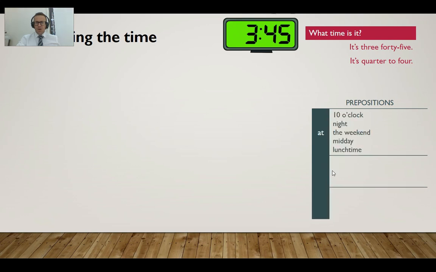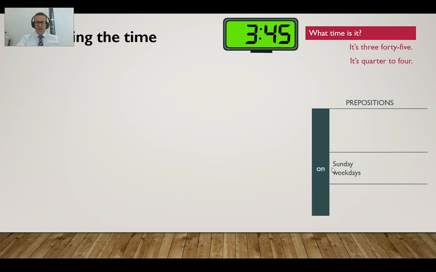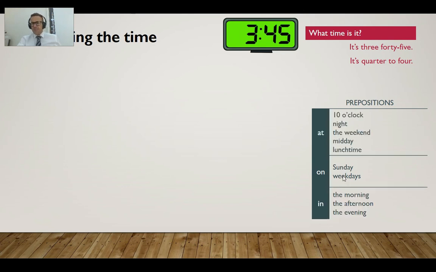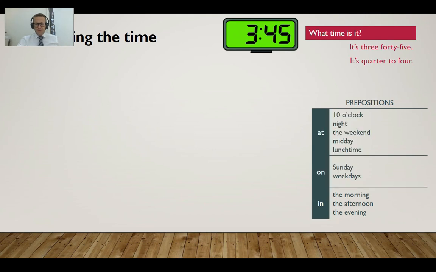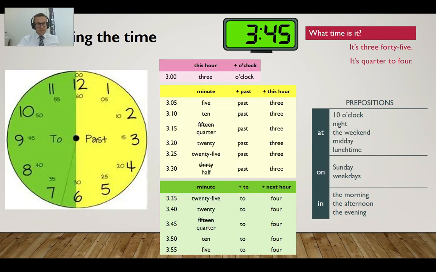On is for the day or weekdays: on Sunday, on Monday, on Tuesday, on weekdays. And in is for the period in the day: in the morning, in the afternoon, in the evening. So these are the prepositions you need to learn. And this is telling the time. It's a little complicated, but if you practice saying it, you'll get used to it.